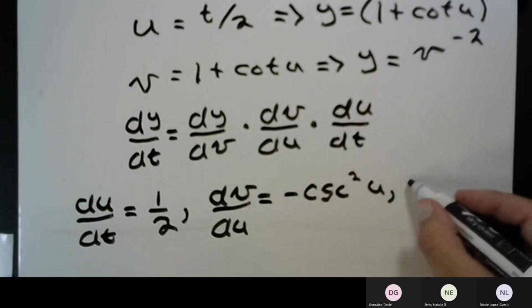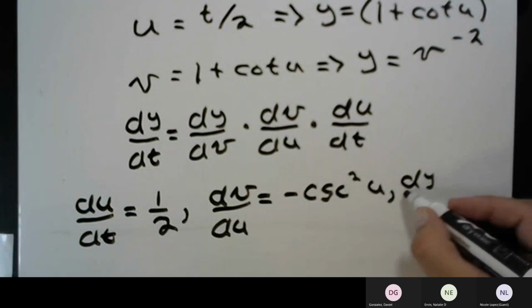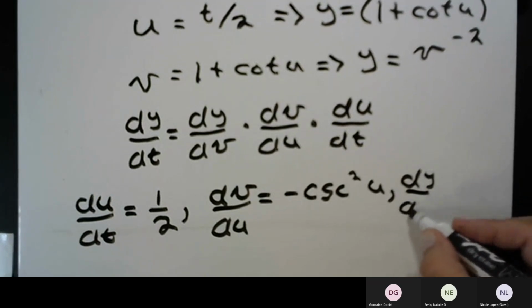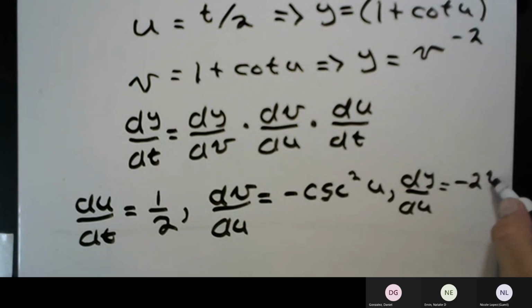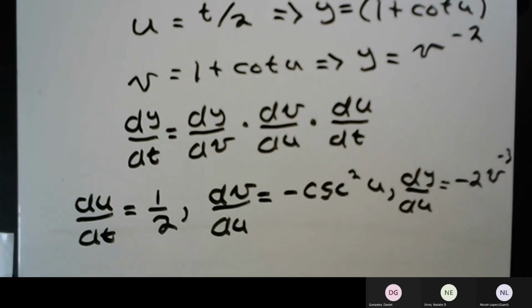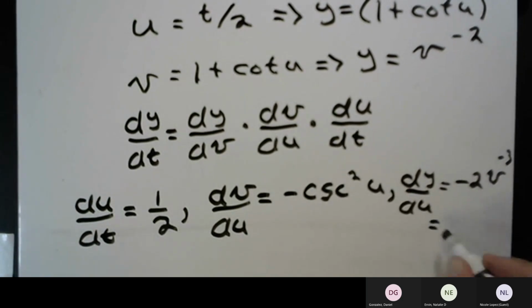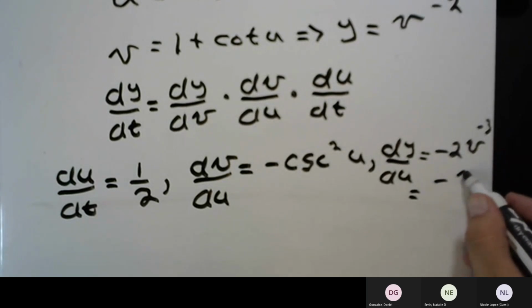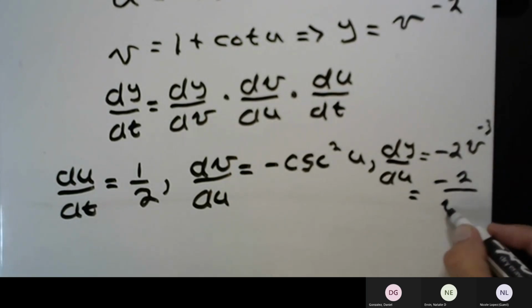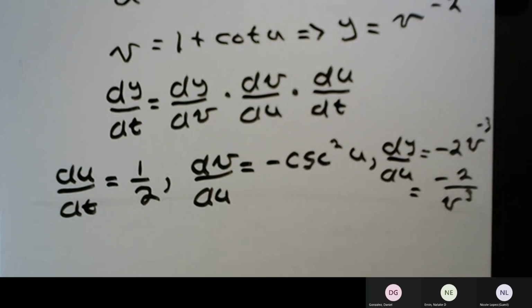And then dy dv, that'll be -2 v to the -3, or -2 over v cubed. So any questions about that?